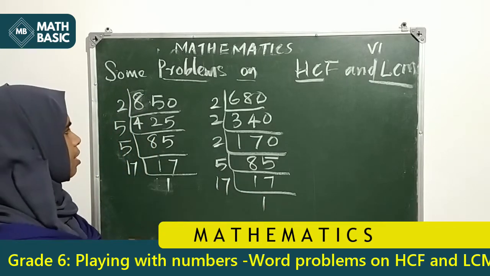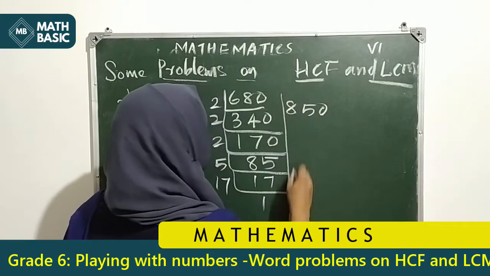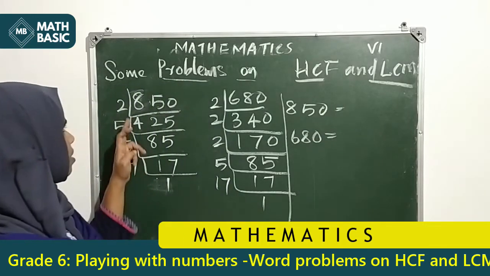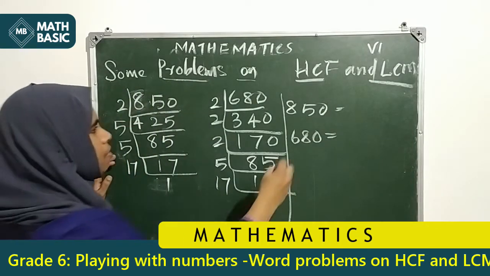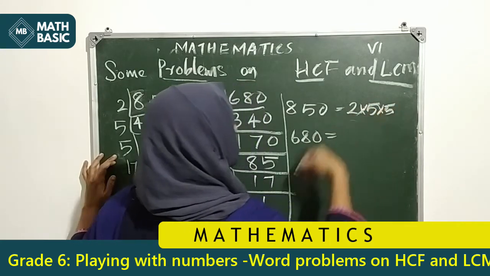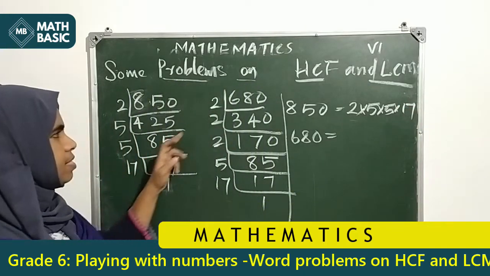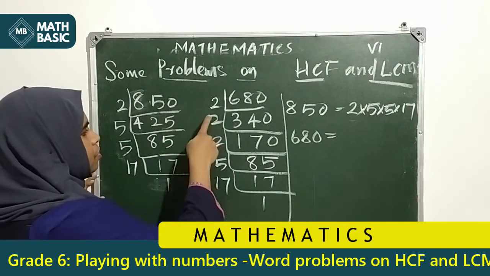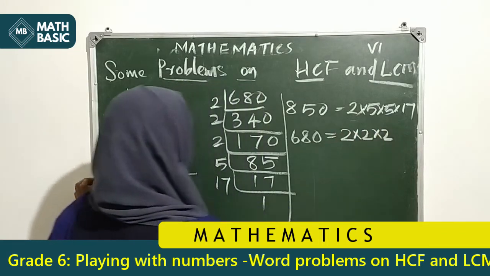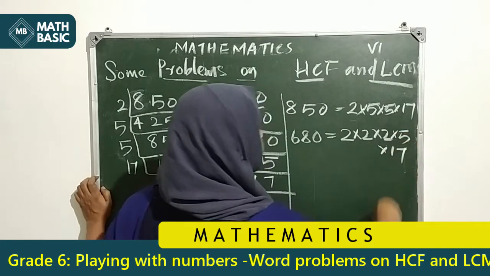To find HCF, what do we do? 850 equals one 2, two 5s and 17. 680 equals three 2s, one 5 and 17.